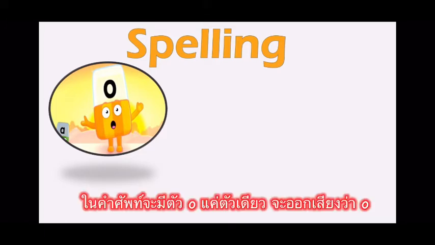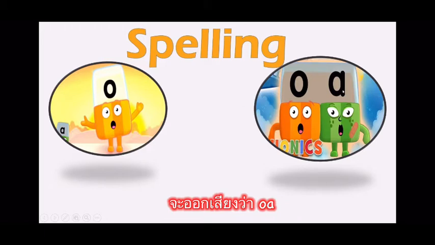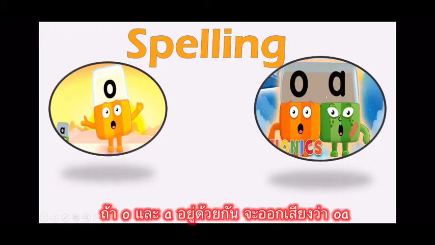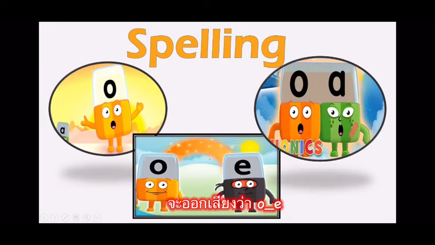If the word has only an O, you can sound it O. Another one: if O and A go together, the sound of this is O. It's long O. Next, if the word has letter O and then E at the end, the sound is O.